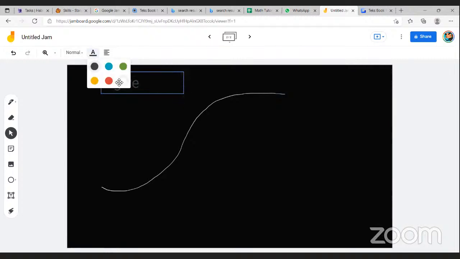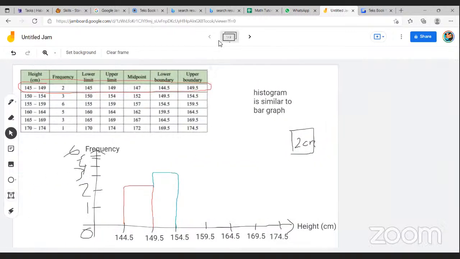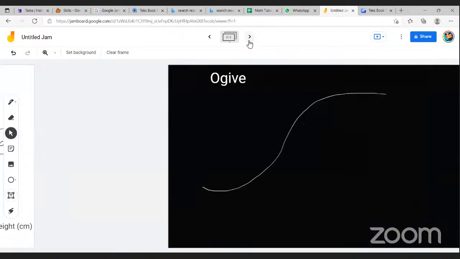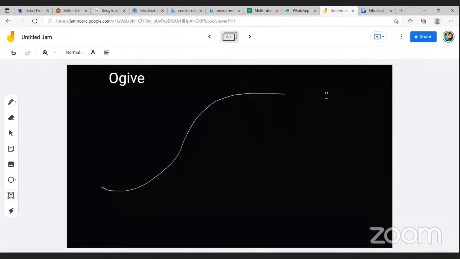But if you want to know the difference between these two, this one is when you want to list out the frequency of each class. For example, let's say this is the height of students. Then there are 2 people in the first class, 3 people in the second class, and so on and so forth. However, when it comes to an ogive, it's based on cumulative frequency. We'll go into this later on.